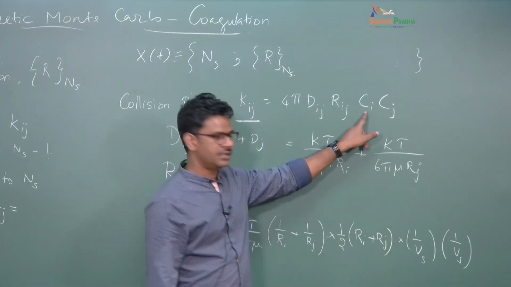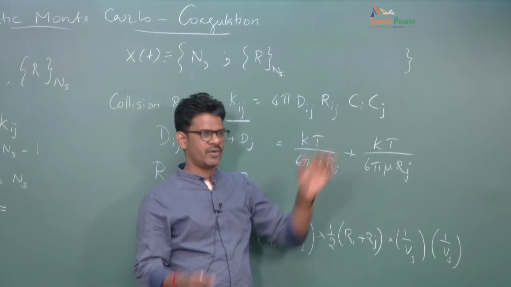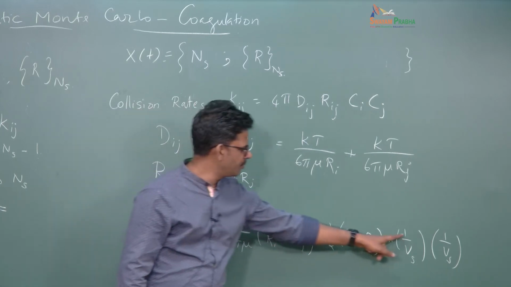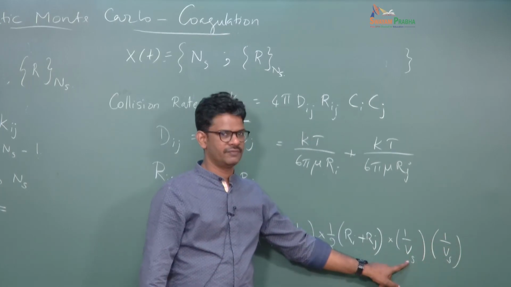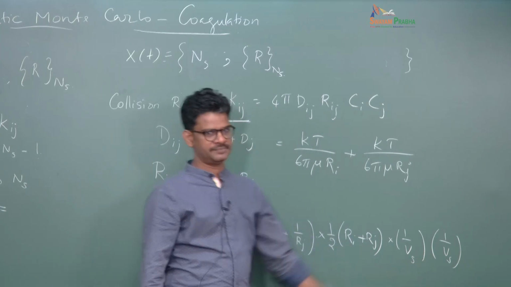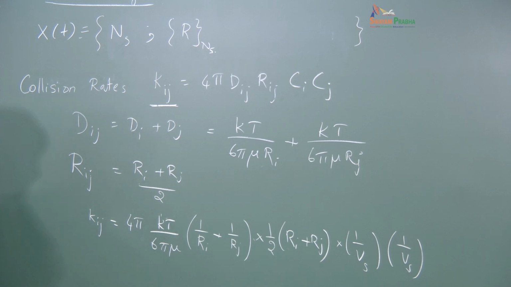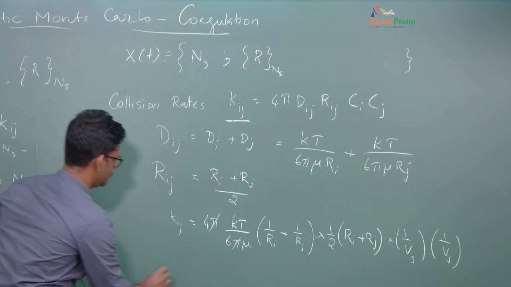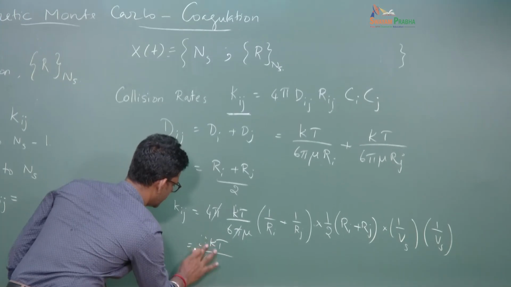Here we need the concentration of the ith species and jth species, but now I am talking about a discrete case. I am taking individual particles i and j. So I have one particle of i, another particle of j, in the unit volume Vs. Okay, Vs is a sample volume. Now pi cancels here, so you have 2 Kt or Kt by 3 mu.